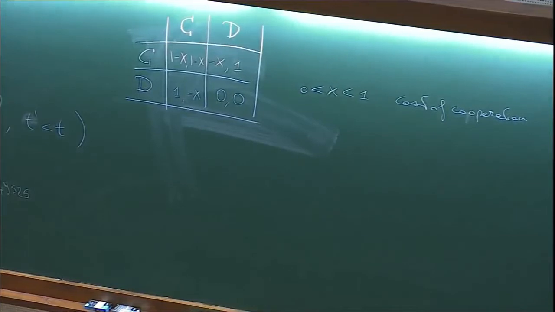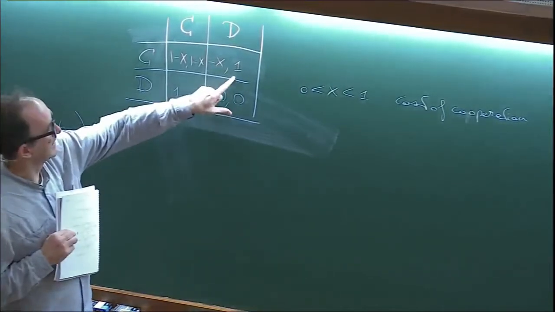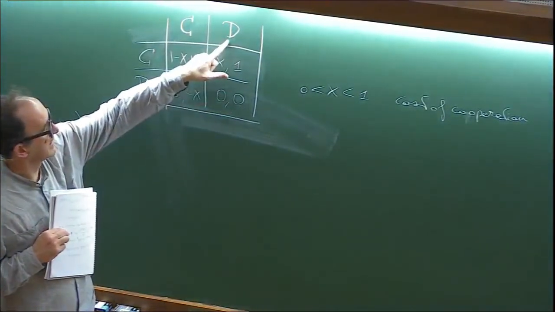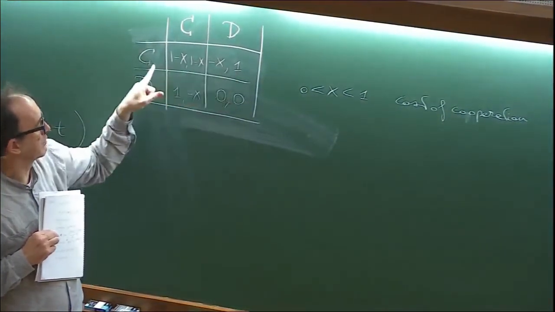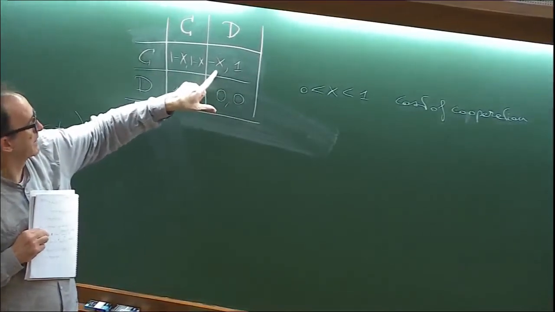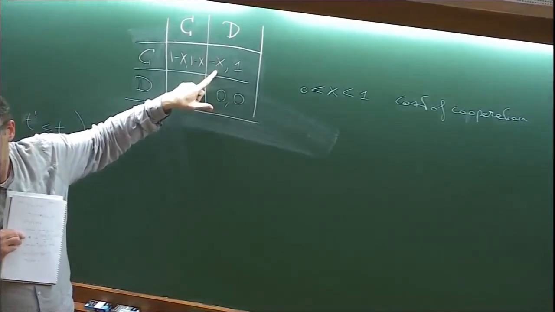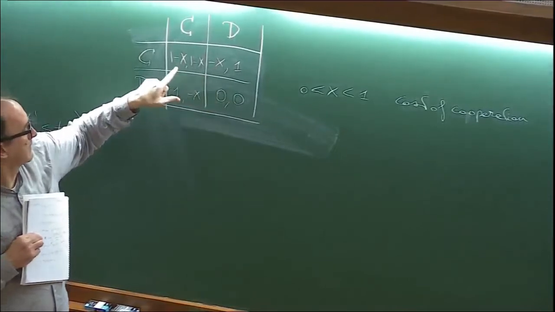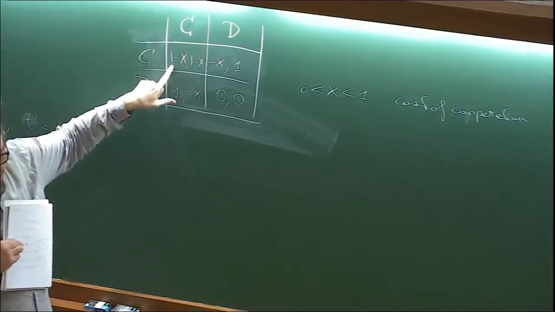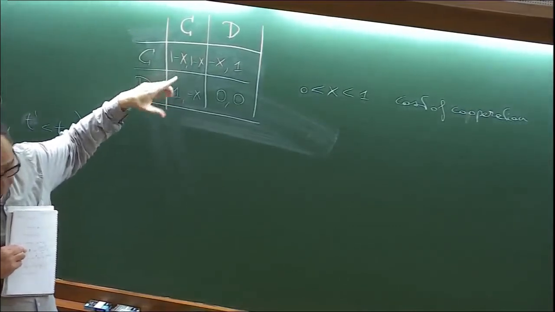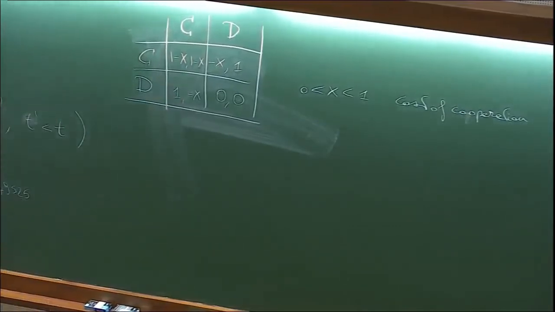So player 2 doesn't make any effort, gets the benefit of player 1 who is cooperating, and player 1 just pays the effort. Whereas if they both cooperate, each pays the cost but also gets the benefit from the other player. So this is a simple interpretation of this game.